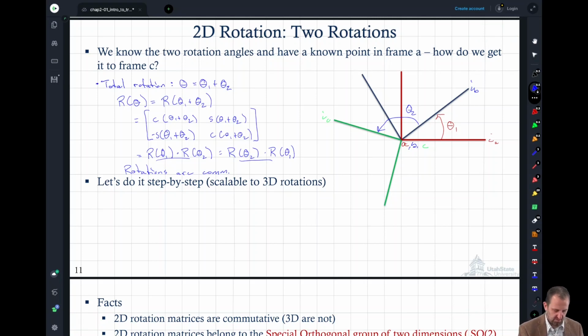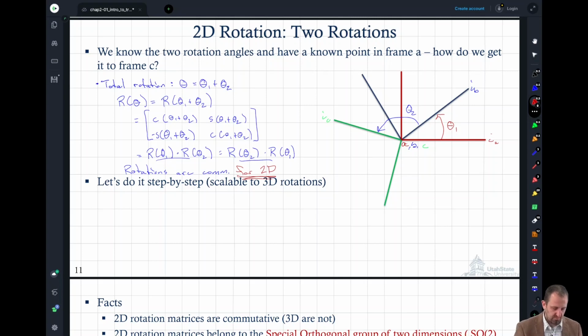Because rotations are commutative, and this is only for 2D. For 3 dimensions, they're not. That's not completely true, but it's because when we rotate in 2 dimensions, we're rotating about a single axis. If we rotate in 3 dimensions about a single axis, then those rotation matrices are also commutable.